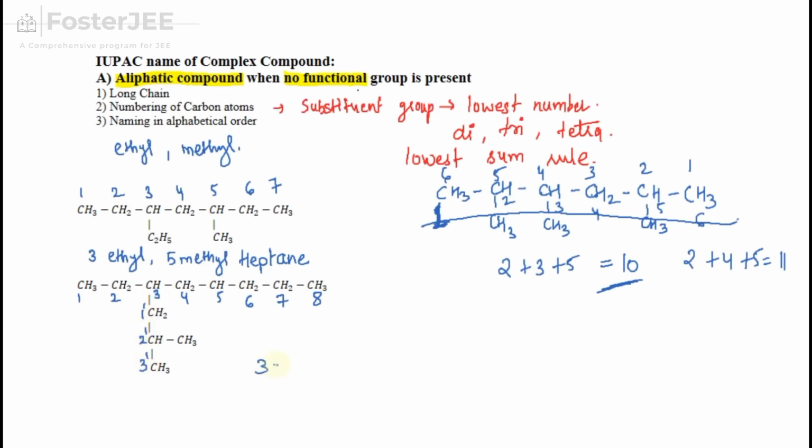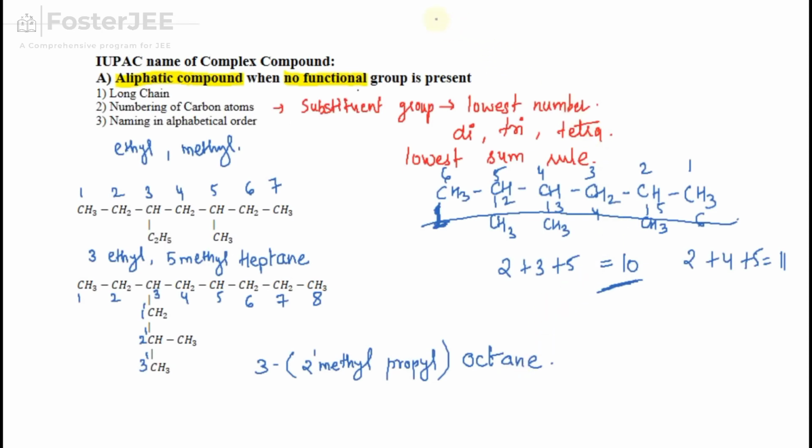So at the third position we have 2-methyl, 2 dash methyl, and this is a propyl because it contains 3 carbon atoms. So 2-methylpropyl is attached to the third carbon of the main chain, and the root word is oct because there are 8 carbons, and ane is used as the primary suffix. There is no secondary suffix because no functional group is present in the compound.